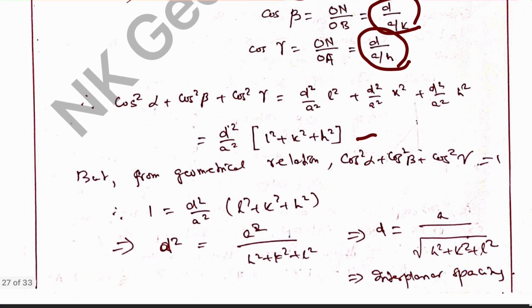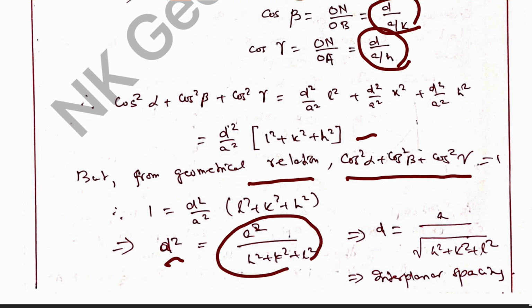But from geometrical relation, cos square alpha plus cos square beta plus cos square gamma is equal to 1. That's why D square becomes equal to this one and D becomes A by root over H square plus K square plus L square, which is the spacing for a face HKL in cubic cell.